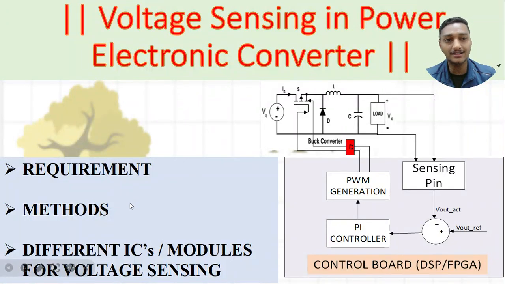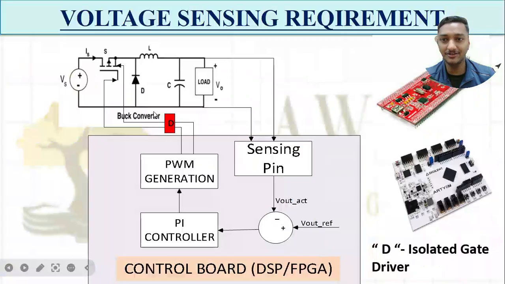What are the different methods to sense the output voltage, or any voltage which we need in our control unit, and what are the different ICs and modules available for voltage sensing? The overall motto of this video is to make you familiar with what exactly we need when we go for such things. So let's get started with this video.